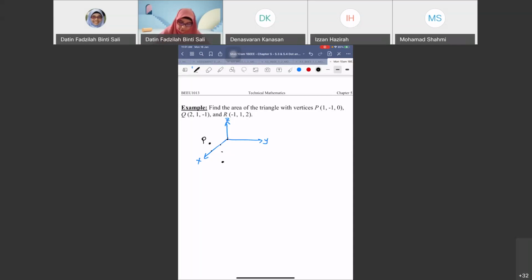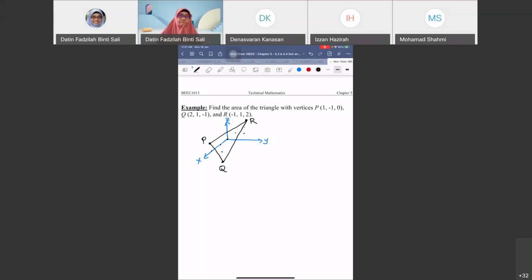Assuming that is Q. And R is (-1, 1, 2): the opposite direction 1, then 1 unit to the right, and then 2 units up. Assuming that's R. So basically you have this triangle, and the question asks you to find the area of this triangle.